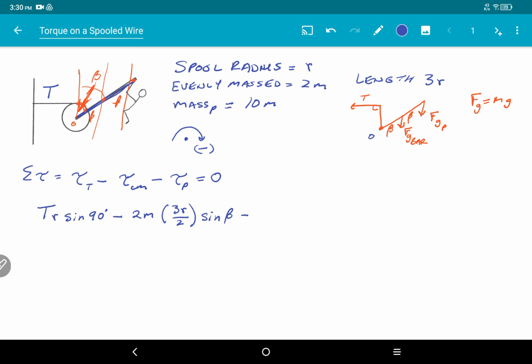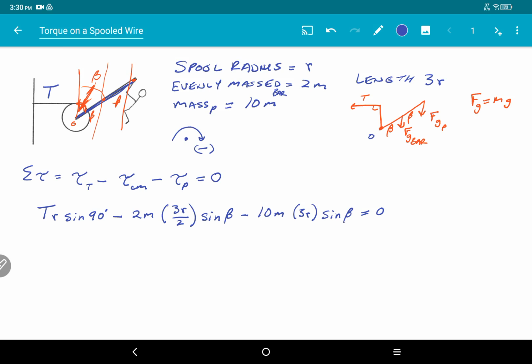Minus, okay, we're going to have the person, and the person is 10M, and also it'll be 3R, because that's the end of the bar. I'll put a bar here so that people can see that. And it also will be sine beta, and that equals 0.